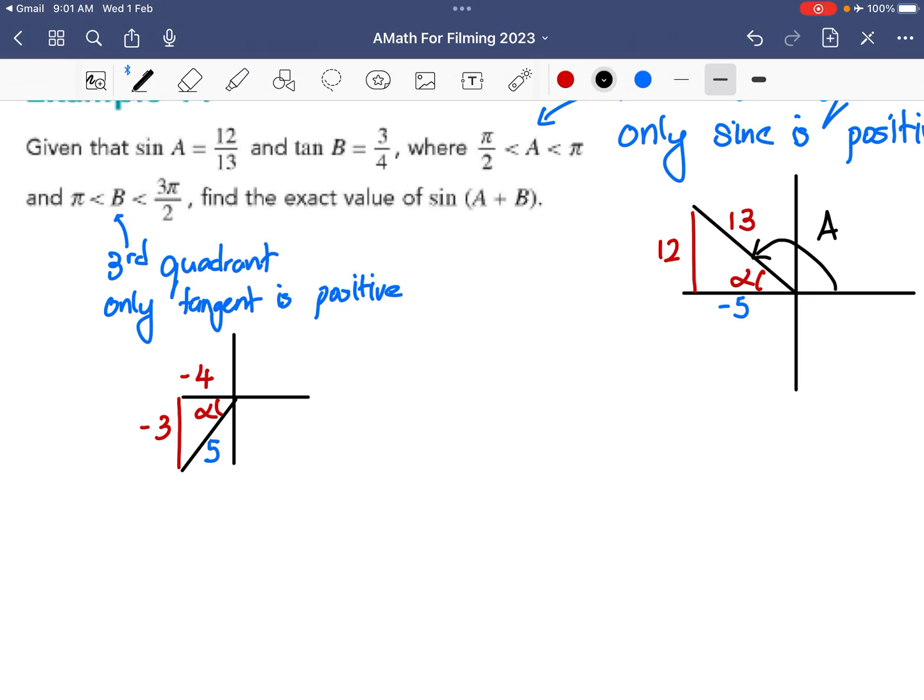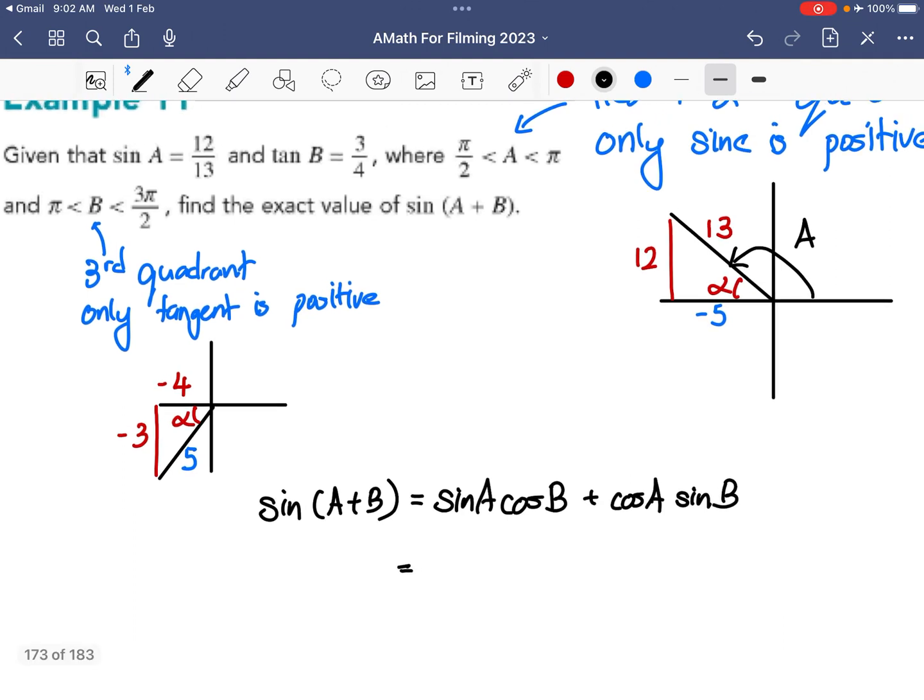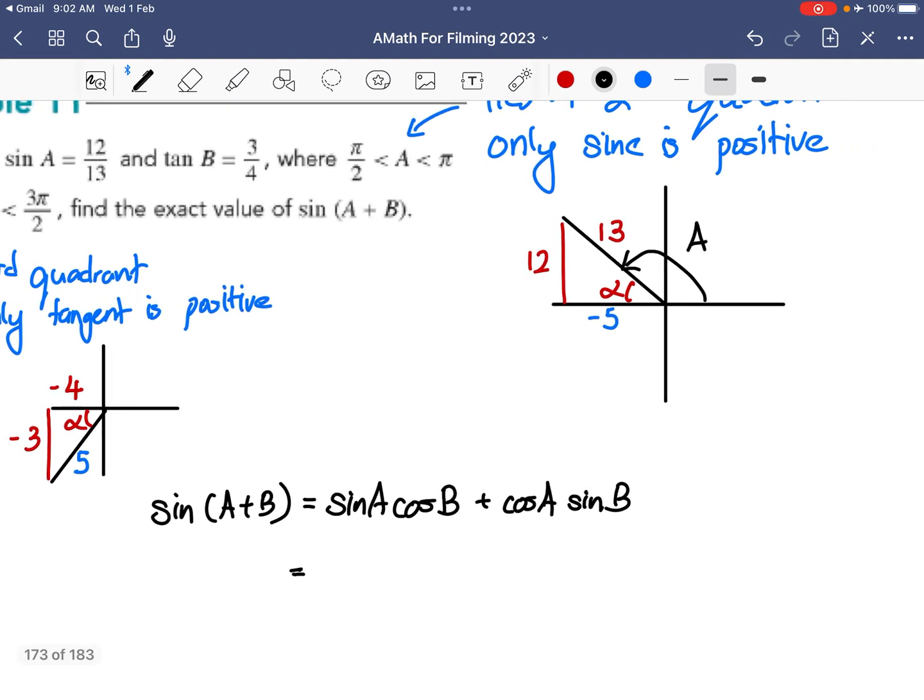Now I'm going to find the exact value of sine of A plus B. If you refer to your formula sheet, sine of A plus B is sine A cosine B plus cosine A sine B. So what is sine A?